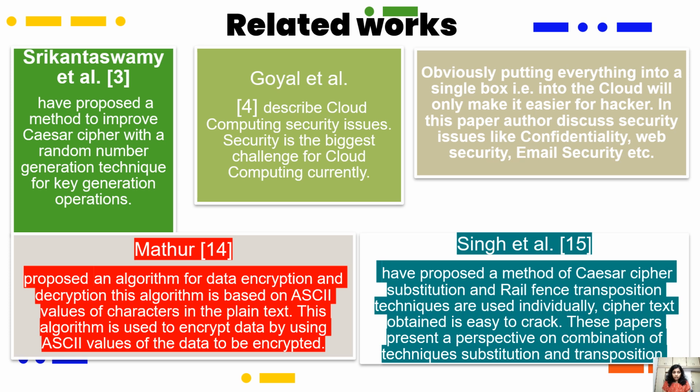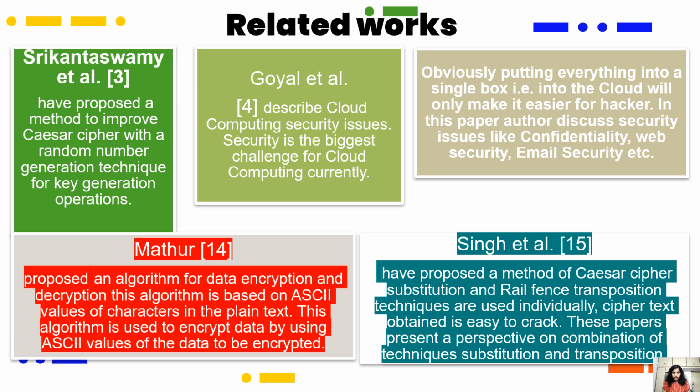Then Goyal has described cloud computing security issues. Security is the biggest challenge for cloud computing currently. Obviously, putting everything into a single box, that is, into the cloud, will only make it easier for hackers. In this paper, the author discusses security issues like confidentiality, web security, and email security.